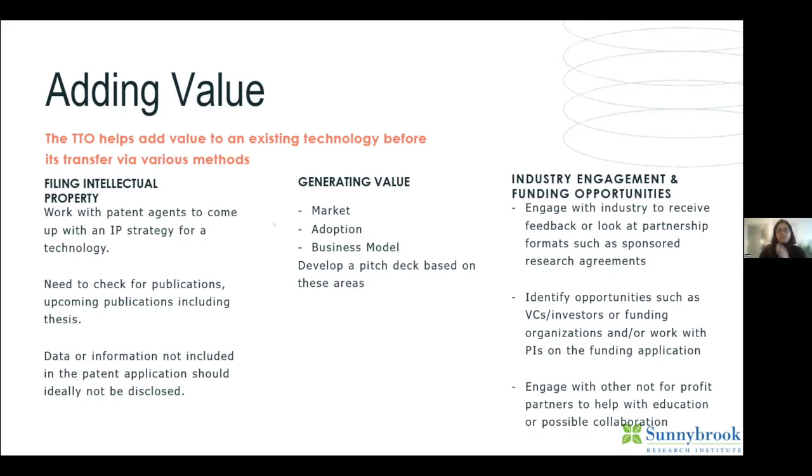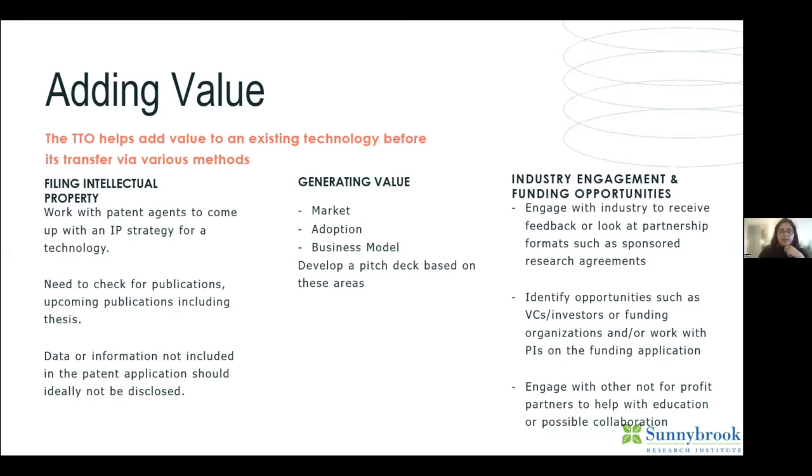And then coming to generating value, okay, somebody corrected me saying that actually a thesis is never private. You're perhaps right. I have no idea whether it is always or never, but like I said, it's recommended not to disclose your IP before you file for protection.